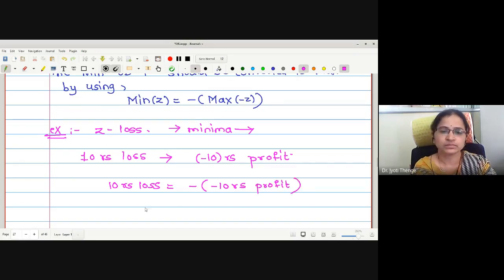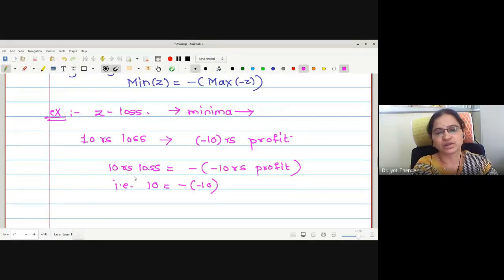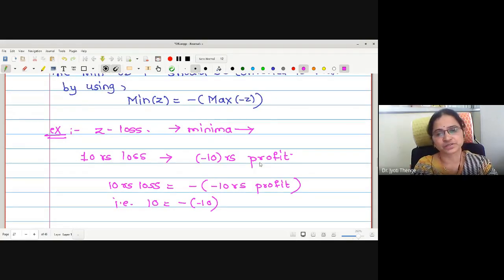Correct, no? That is, actually I want to write 10 is equal to negative of minus 10. Therefore, whatever is this minima objective function of losses is written as minus of maximizing the corresponding objective function. Is it okay to everyone, understood or not? 10 rupees loss is exactly equal to saying minus 10 rupees profit.